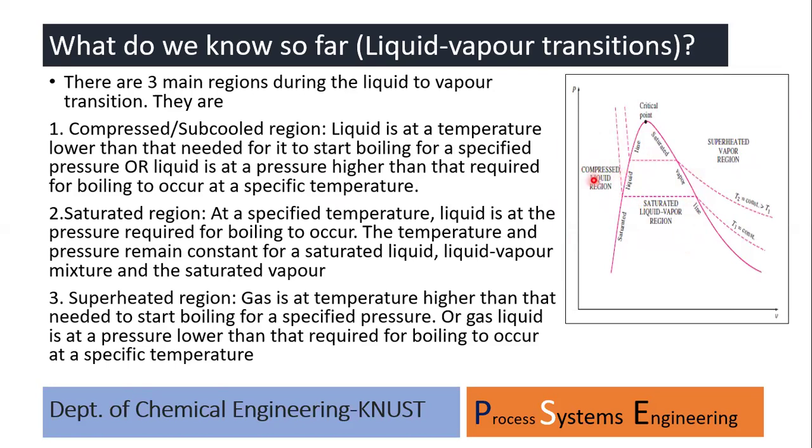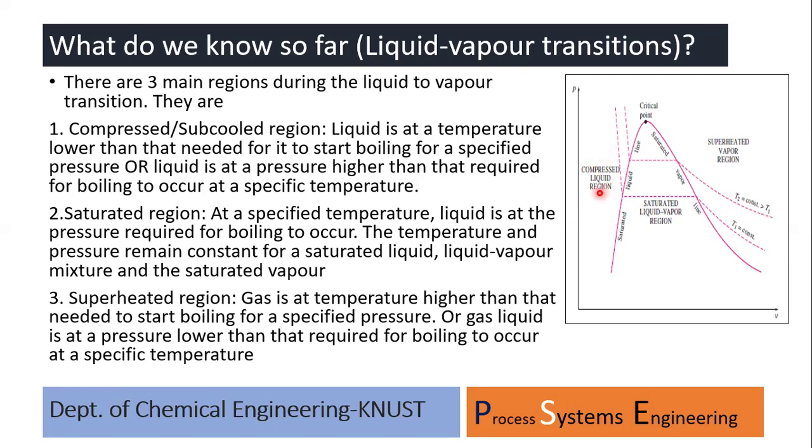The reason why it's called subcooled, or compressed, is that usually it would work with points where we have very low temperatures relative to the temperature at which it would have been a normal liquid. So maybe it's a little below room temperature, or we've increased the pressure a bit, so we can keep it in liquid form.